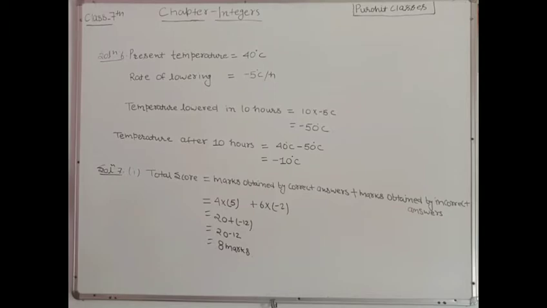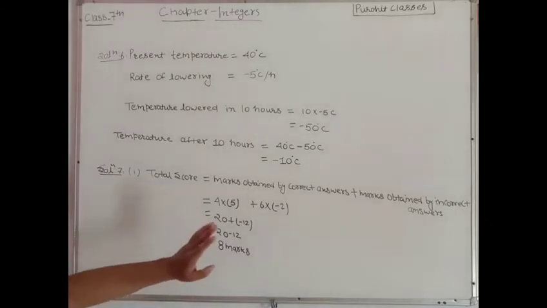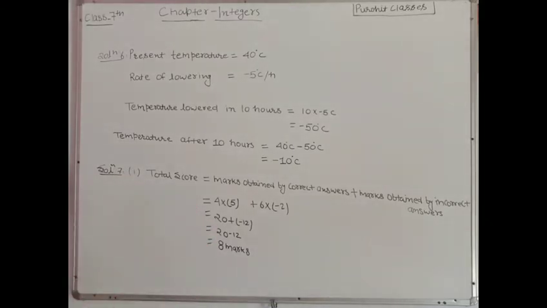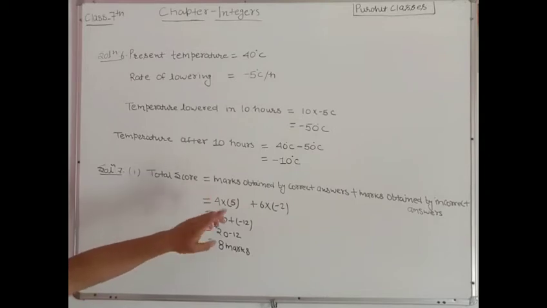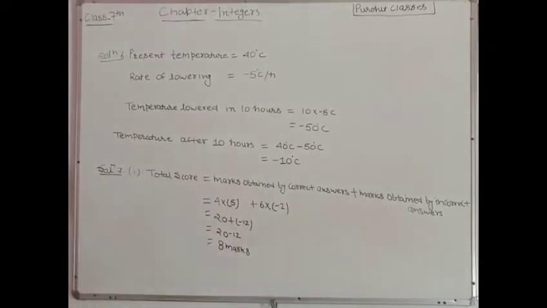So let's see first part. It says Mohan gets 4 correct and 6 incorrect answers. What is his score? His score is always given by marks obtained by correct answers plus marks obtained by incorrect answers. Mohan gets 4 correct, so here I have written 4. The marks given for a correct answer is 5, so total marks will be 4 into 5.